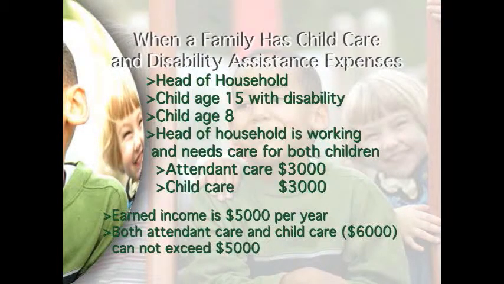Therefore, the total of both attendant care and child care, which is $6,000, cannot exceed $5,000. It doesn't make a difference which allowance is calculated first. The deduction will come out the same. So you can use $3,000 for disability and $2,000 for child care, or $2,500 and $2,500. It doesn't matter how you calculate it. The bottom line answer will remain the same.